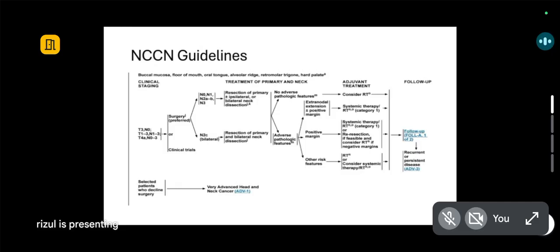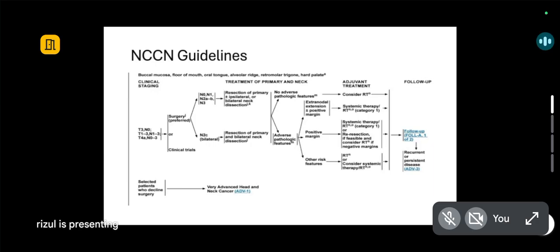Sir, the criteria for technical unresectability: if the disease of the tongue is going beyond the base of tongue or vallecula. Don't say unresectability, say technical unresectability. Yes sir.